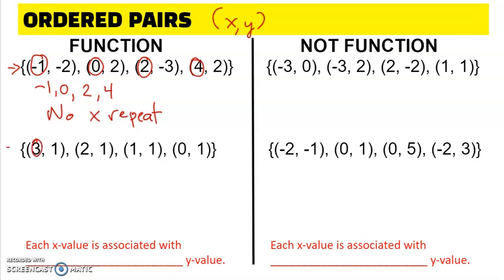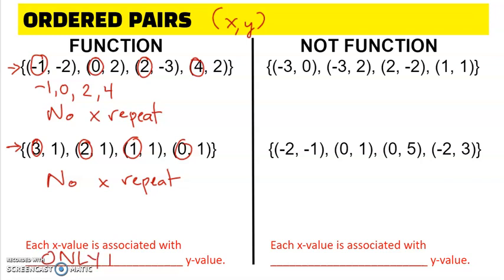So again, this group right here, the brackets tell me this is a group of ordered pairs. So I look at my x values. I have 3, 2, 1, 0, no repeats. That's why that would be a function. Okay, each x value is associated with only one y value.